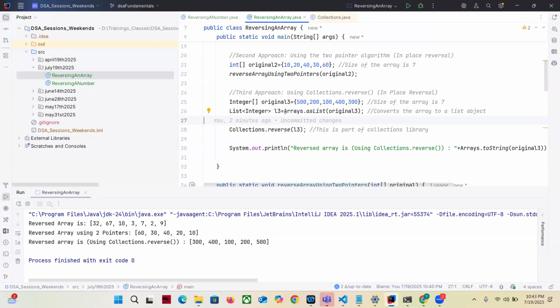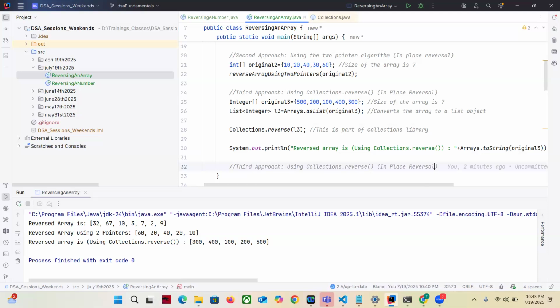We are just creating a view of the list. That doesn't mean the original array is not disturbed. That is why we call this in-place reversal. The existing array remains the same, only the list is being reversed. We are just changing it to a list and using the collections concept.